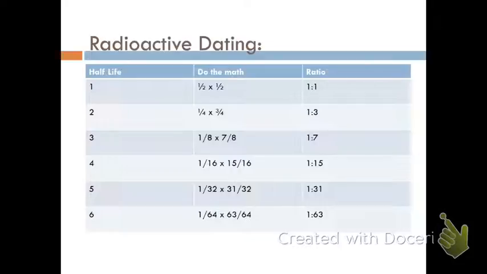So when you find an igneous rock that has 1 part radioactive and 63 parts stable, and that element had a 2,000-year half-life, I know that that rock is 12,000 years old. So that's how they do it.